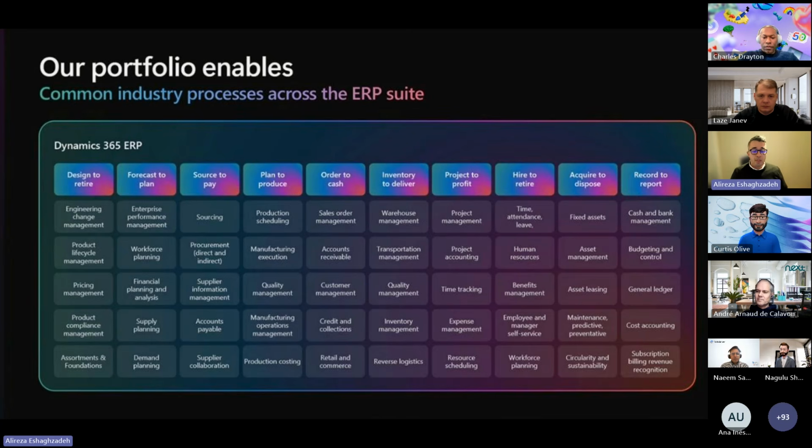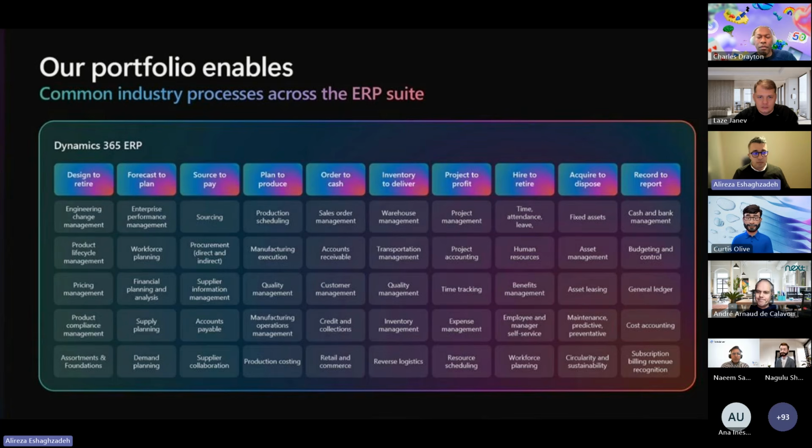In a source to pay scenario, the payment process begins with supplier onboarding, purchase order execution, followed by goods receipt and invoice matching. Once it has been validated and approved, finance and operations generates the payment proposal, we execute the payment, and it is then processed through the bank to complete the payment process.